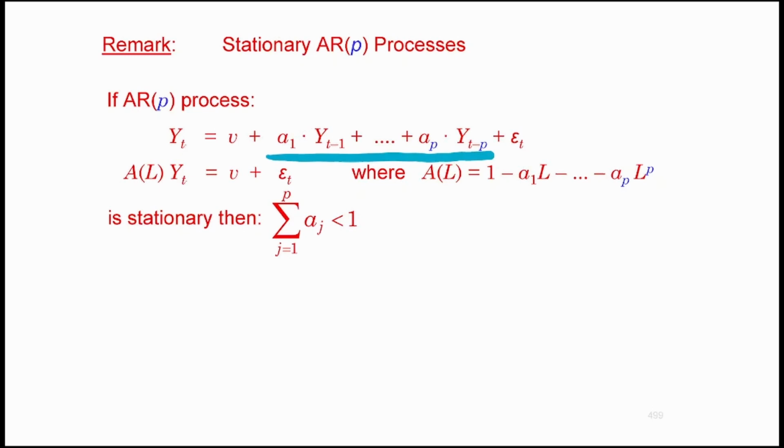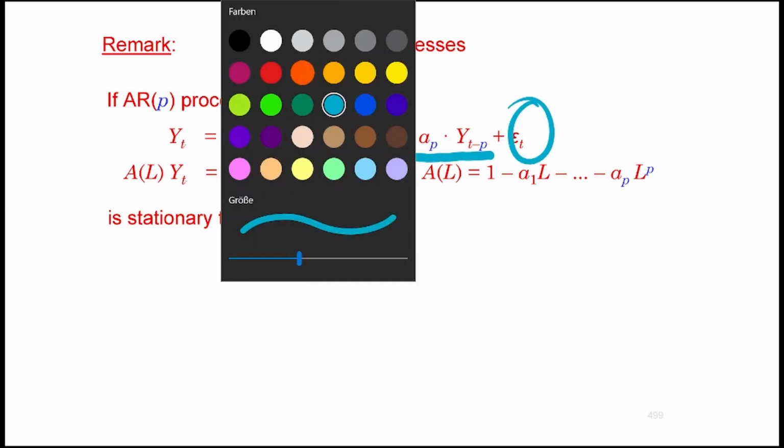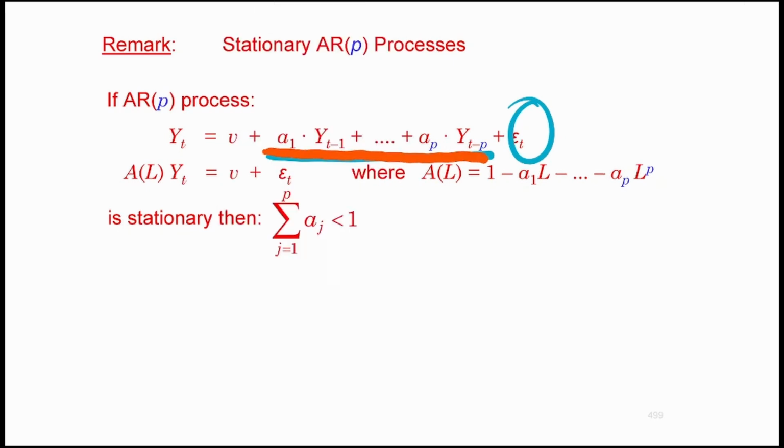If it's greater than 1, let's say the error is 0, the process is going to be explosive on average. Why? Because past observations have a higher impact than 1 on a current observation. So the process is going to be explosive.